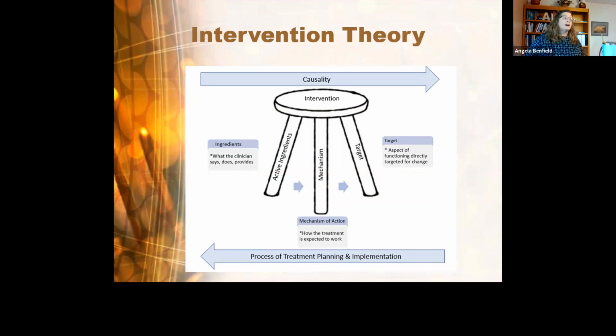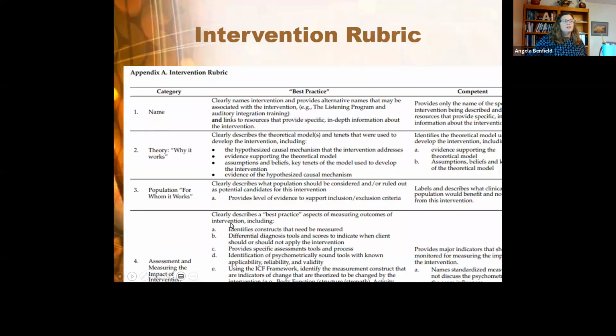However, on the flip side, there are also many places that this intervention theory analysis can go awry, and that is why I developed an intervention rubric. And this rubric is really to support the clinician in appraising any given intervention.